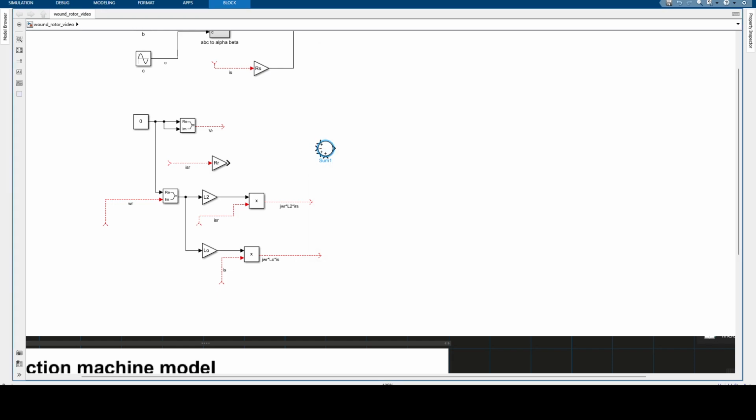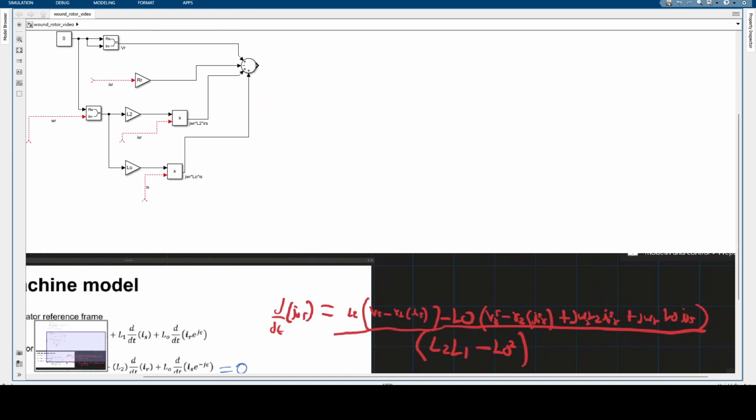Okay, so now we have this one minus this one plus this one plus this one.